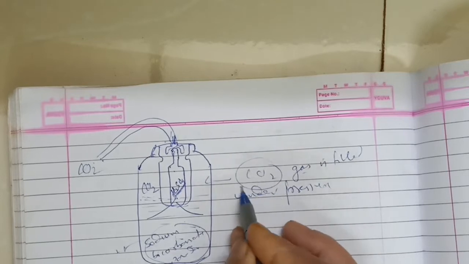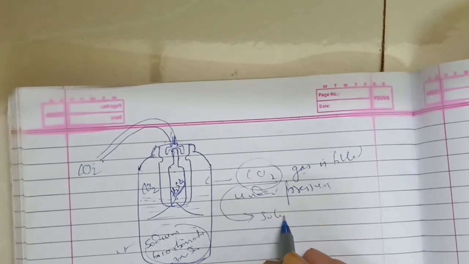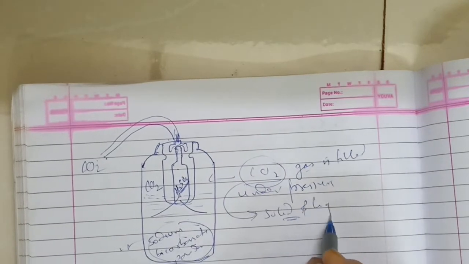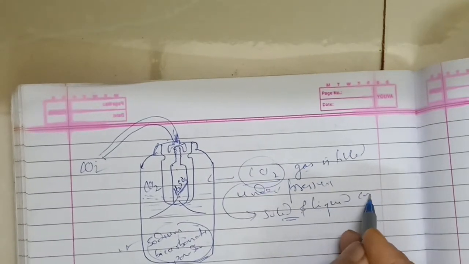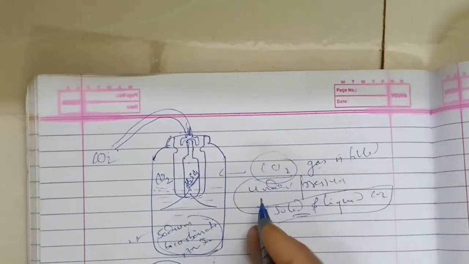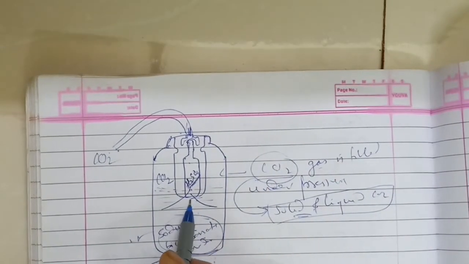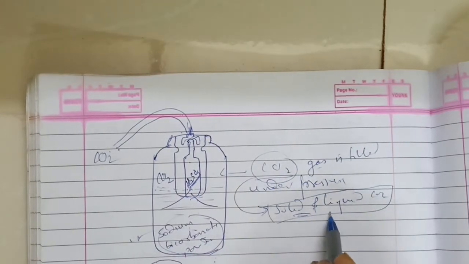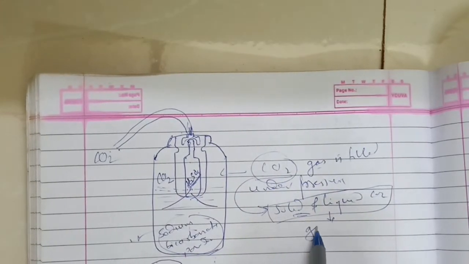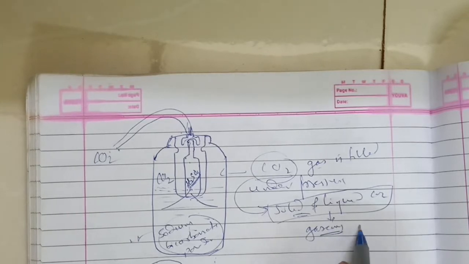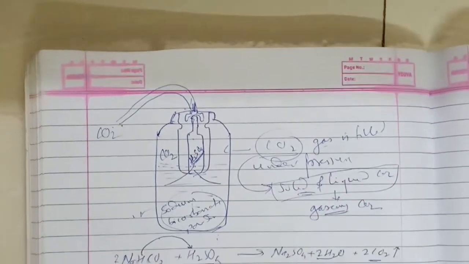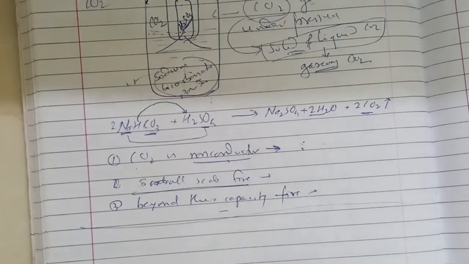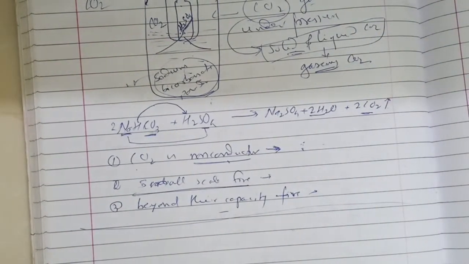So that gas, carbon dioxide, becomes solid and liquid. Okay, CO2 is filled in this cylinder. When the pressure is released, this solid liquid carbon dioxide converts into gaseous carbon dioxide, which we can use. Nowadays there are different types of fire extinguishers available in the market.